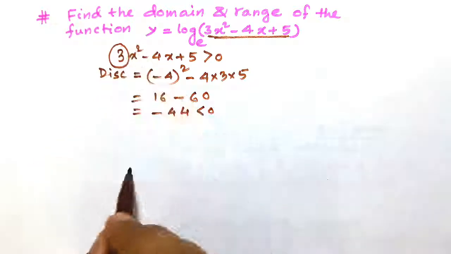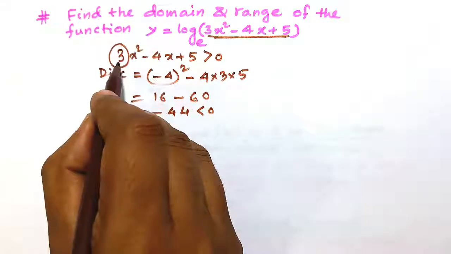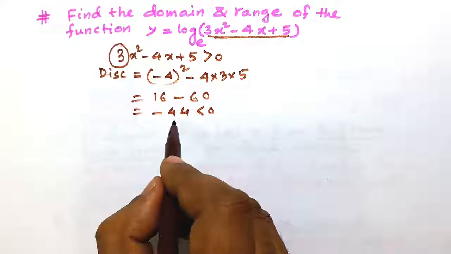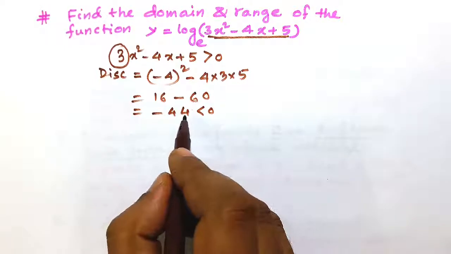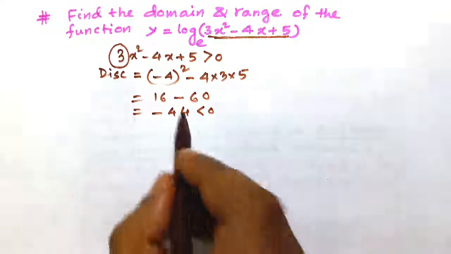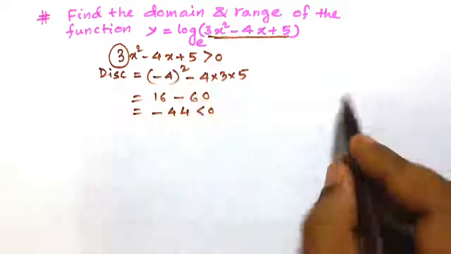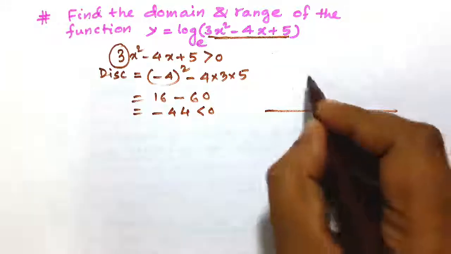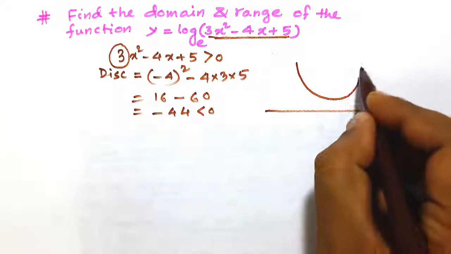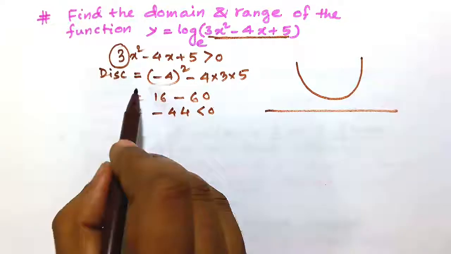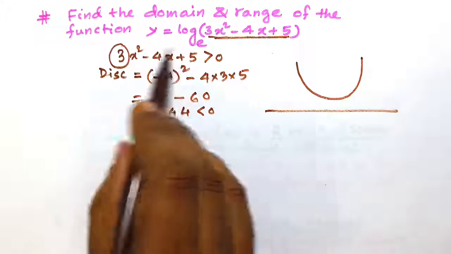Since the coefficient is positive and the discriminant is less than 0, the curve of this function will not touch the x-axis and will open upward. So the function is always positive.